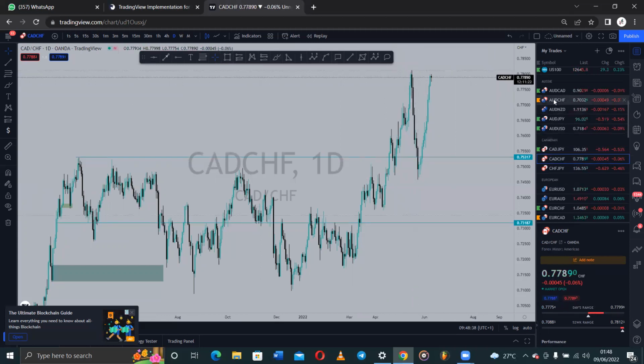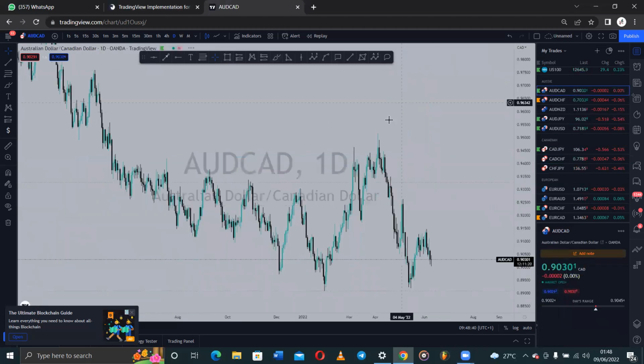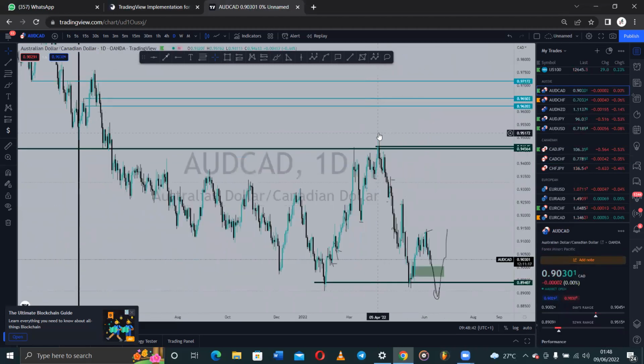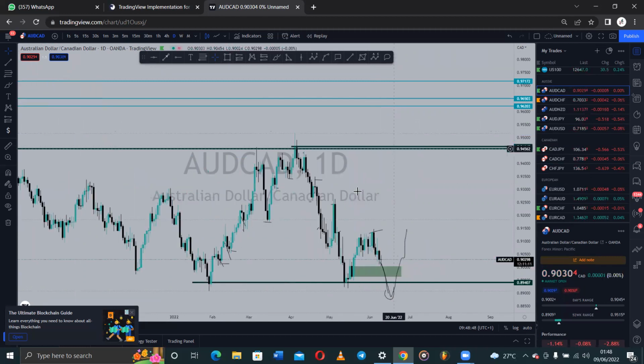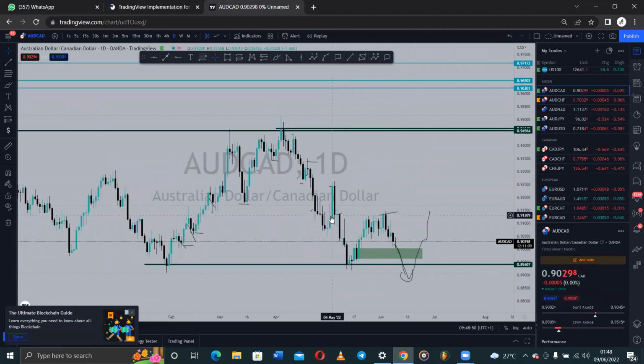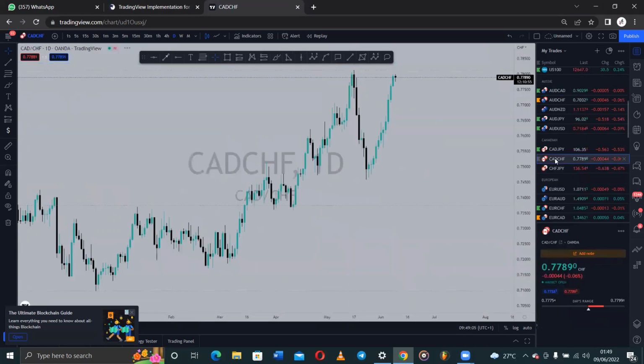Let us go and check what it did on AUDCAD. 16 May. See, this is on the 16th of May. You see, it crashed down on 16th of May against JPY, and I think it was against CHF also.